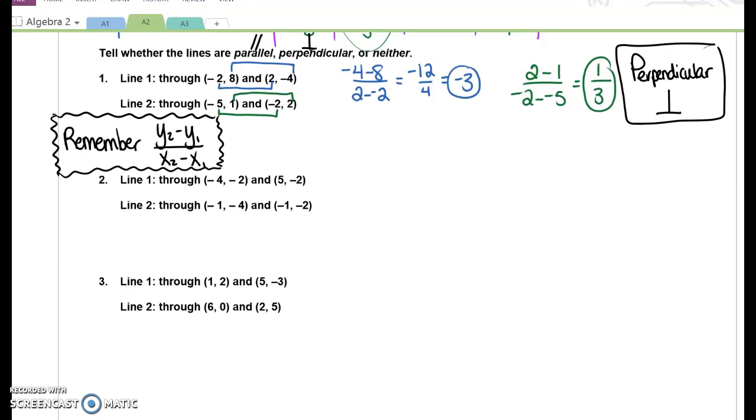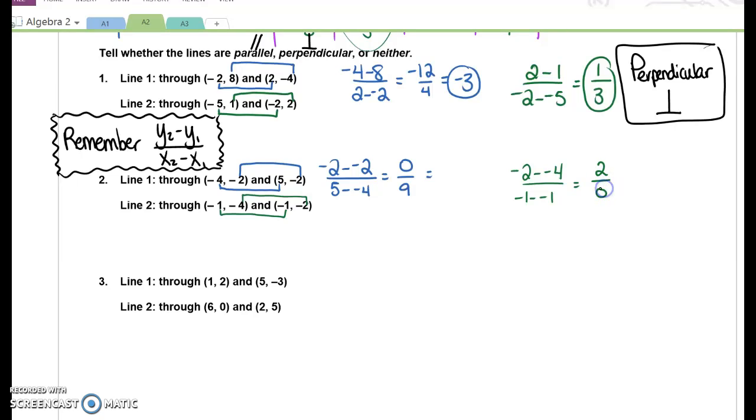All right, line 2. Let's find the slope of line 2. Okay, line 1, did you get 0 over 9?